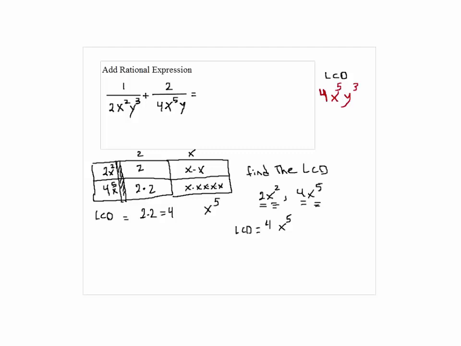So to find the LCD between two or more terms like this, you break it down to its prime factors and you pick the largest of all. Between 2 and 4, you pick 4. Between x to the power of 2 and x to the power of 5, you pick x to the power of 5. And between y cubed and y, you pick y to the power of 3. Very good.